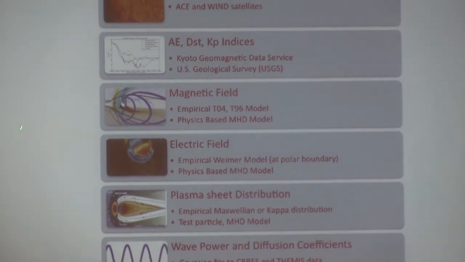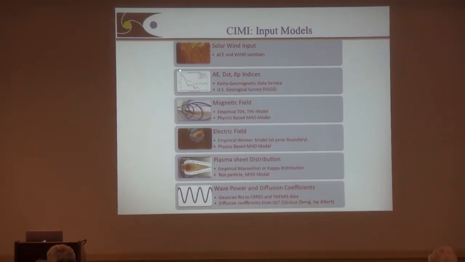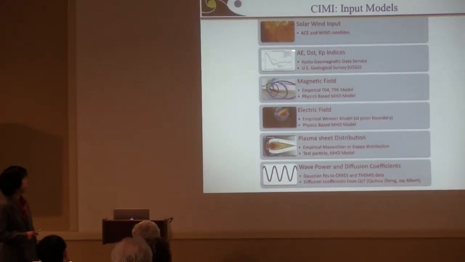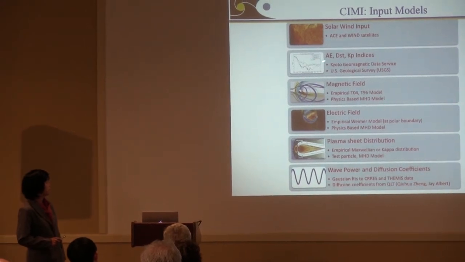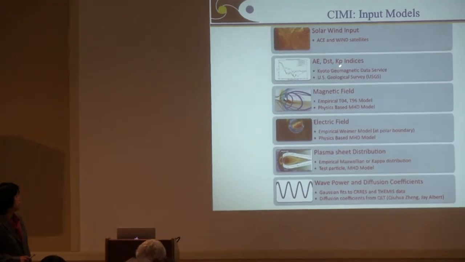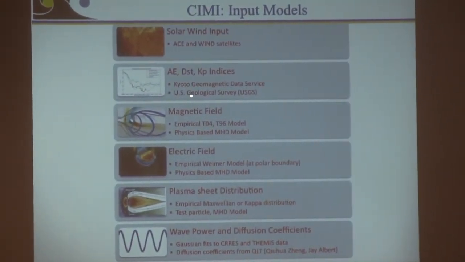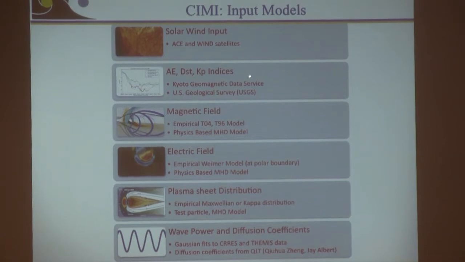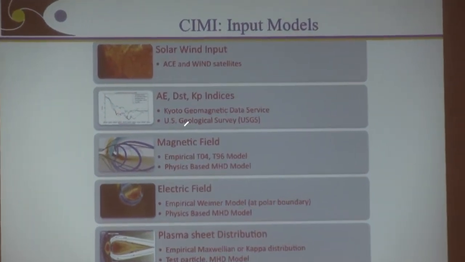Okay, this gives you more detail about the input. For the solar wind data, we're using ACE or Wind data. This is how we get the AE or Dst from Kyoto, or from the USGS, which also has higher time resolution Dst data.